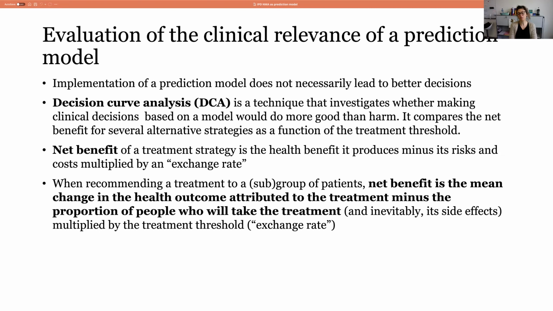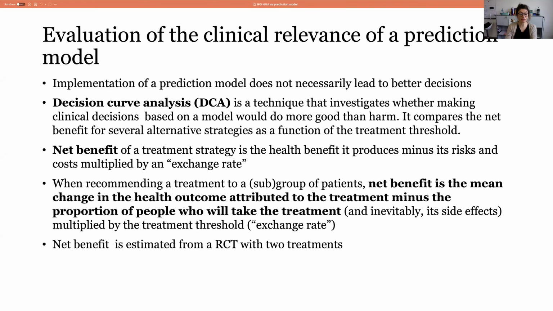So when we are recommending a treatment to a group of patients, net benefit is the mean change in the health outcome, like the change in relapse rate that can be attributed to the treatment, minus the proportion of people who will take that treatment and will be exposed to the side effects, inconveniences, etc. And these two parts, the improvement in health or benefit in the health outcome on the one side and the proportion of people that take the treatment, are given an exchange rate.